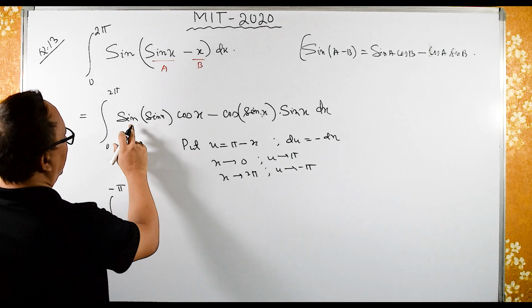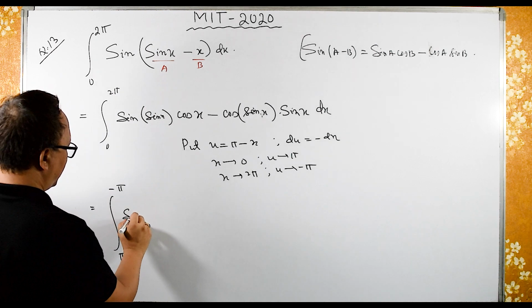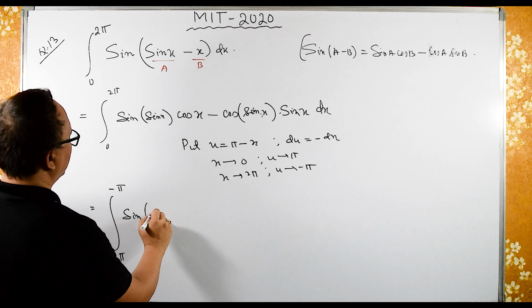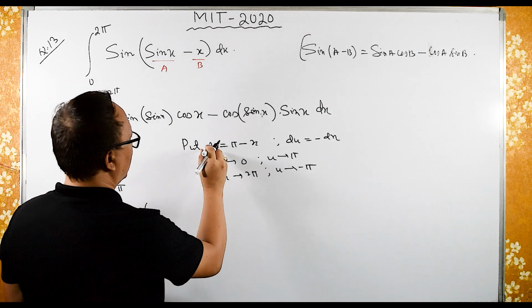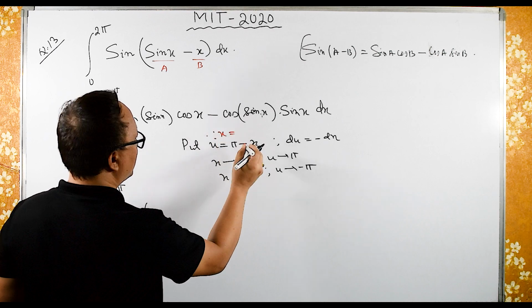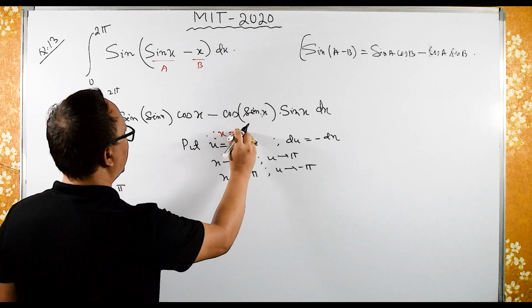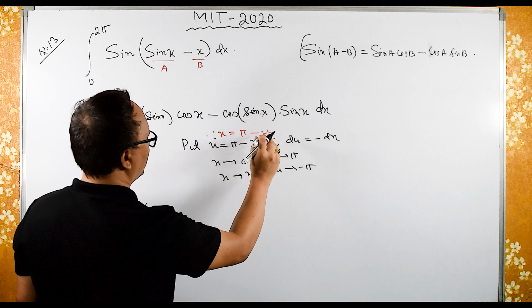Then here we have sine of x, and from here we can find x: x equals pi minus u.